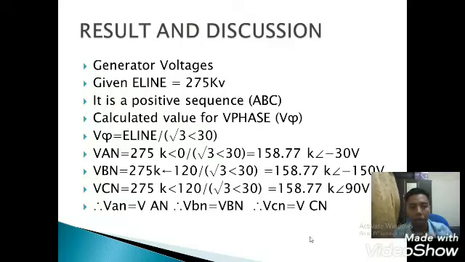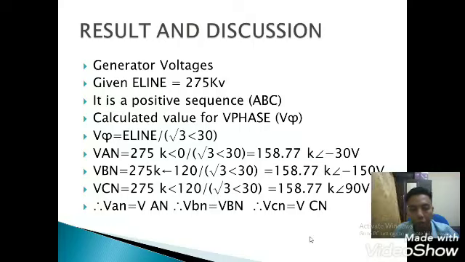Okay, for the VAN is equal to 275 k at angle 0 divided by root 3 at angle 30, which is equal to 158.77 kilovolt at angle negative 30 volt.